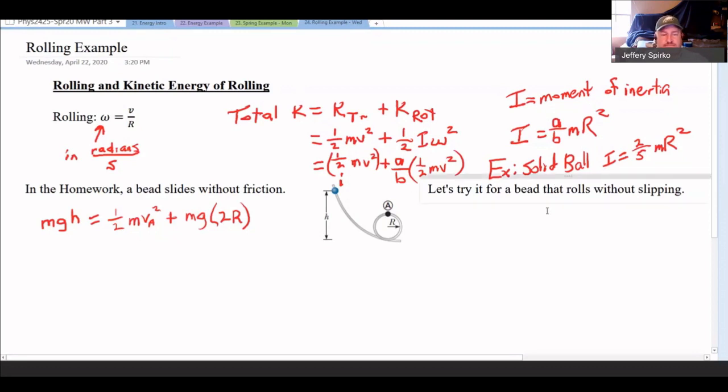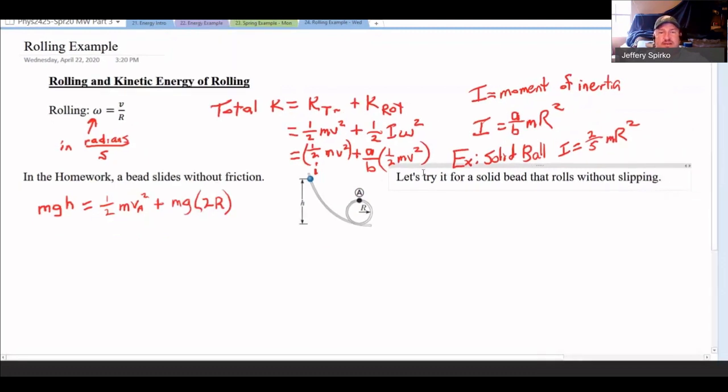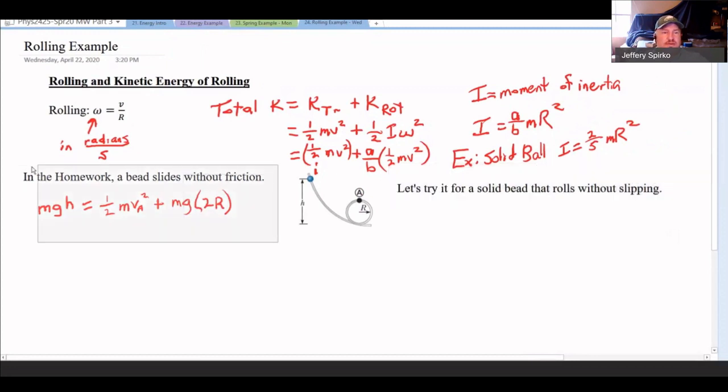So what I want to do is look at kind of the same example that is in your homework, but do it for two different types of objects.